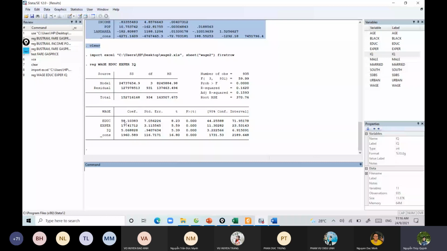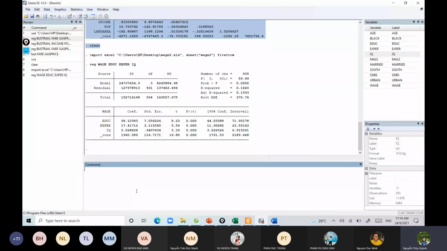Now help me to test. You already have the data, right? Now you start to help me to find the answer to these questions. So is the effect of ASU on wage greater than the effect of experience on wage at 5% level of significance?